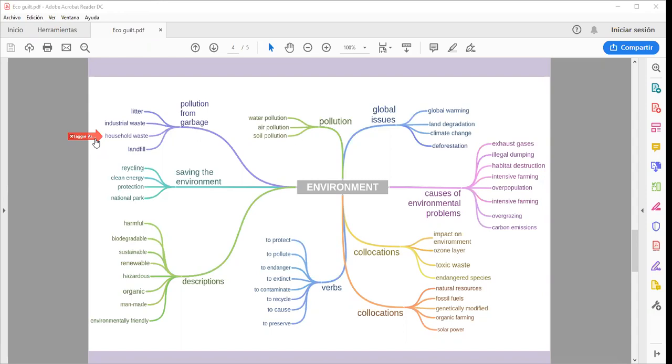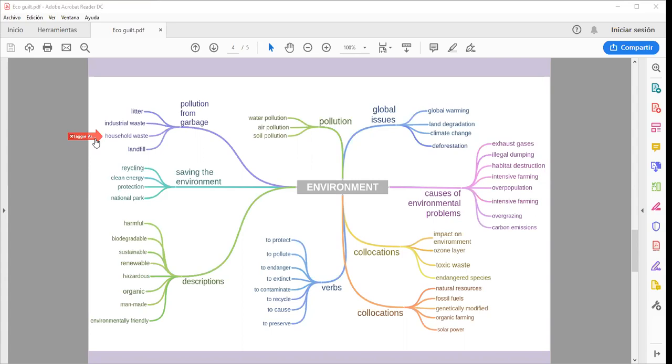What is it? For example, examples? Garbage. Garbage. Excellent. Anything else? ¿Algo más, chicos, aparte de garbage? The black water. Aha, that's it.